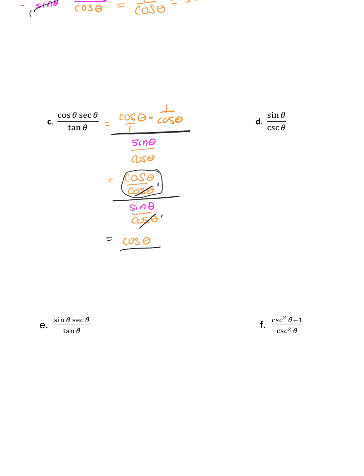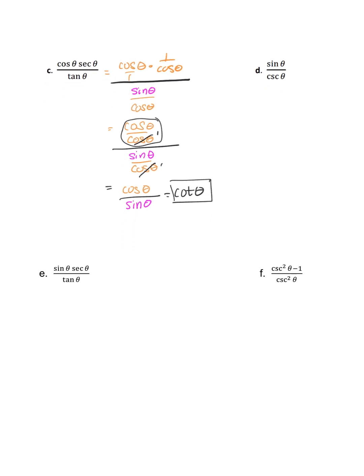Well, cosine theta divided by sine theta is just cotangent theta. So we can change that to cotangent theta. Again, different ways you can look at that. You could have always just changed this to, maybe, cosine theta divided by cosine theta times the reciprocal.